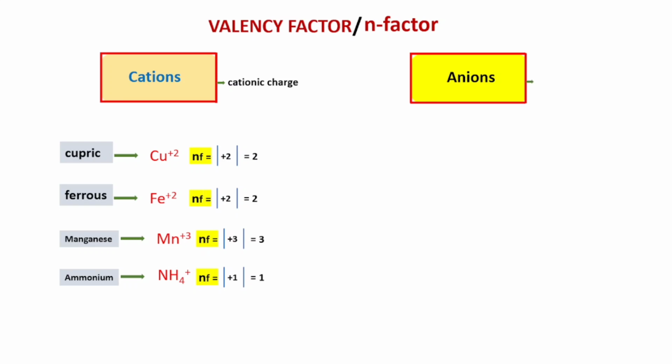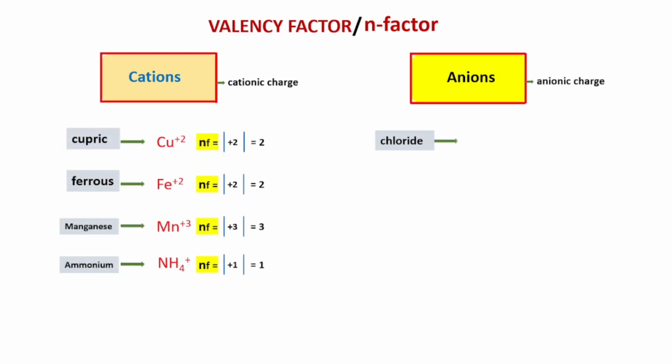And for anions, we have to consider the mode value of the anionic charge. For example, chloride with -1 charge. For N factor of chloride, we consider the mode value of -1, that is 1. In the same way, oxide has N factor 2.